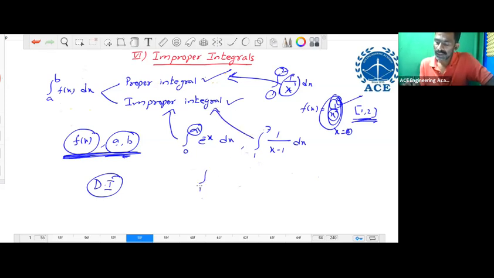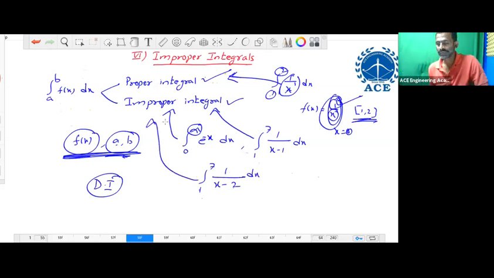Or integral 1 to 7, 1 by x minus 2 dx. Here limits are finite, but the function is not defined at x equal to 2. 2 is inside the interval. Within the interval, at the point 2, this function is not defined. So it is also improper integral.